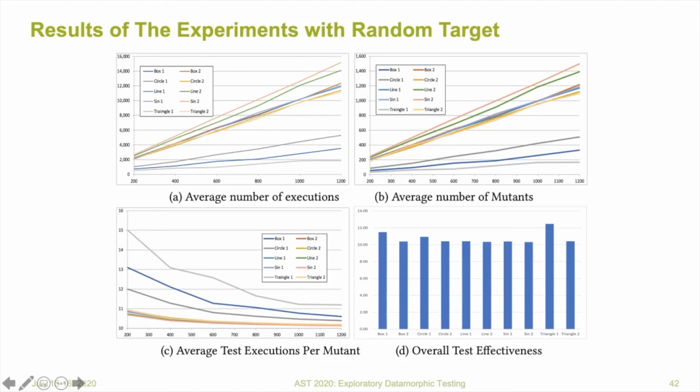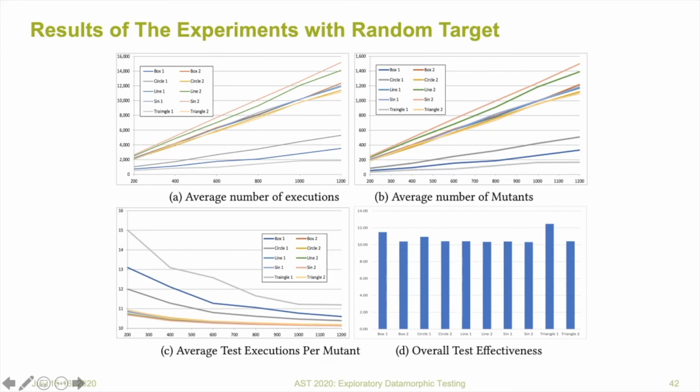The experimental data shows that for the random target strategy, the average number of test executions increases as the number of walks increases. The size of a parental front also increases linearly as the number of walks increases.